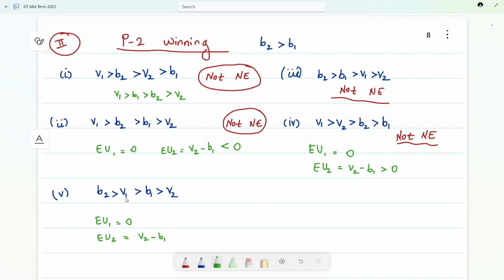So if you observe carefully, V2 is less than B1. So this means it is negative. And how can he make it up to 0? Player 2 can just bid less than this B1 and can make it to 0. Hence, it is also not a Nash equilibrium.